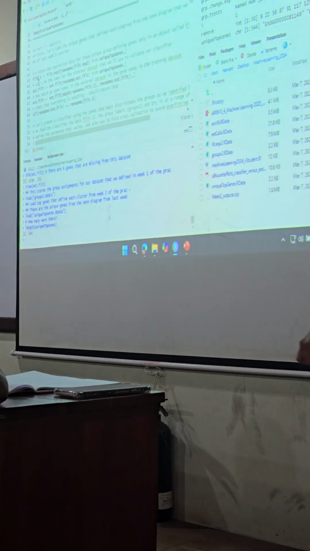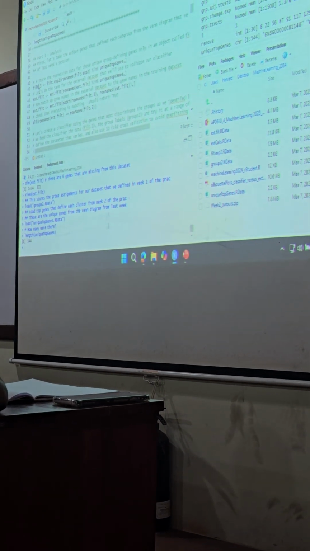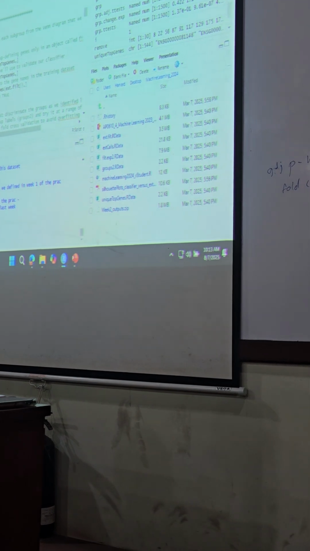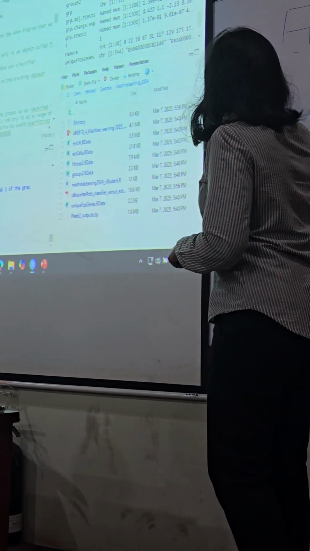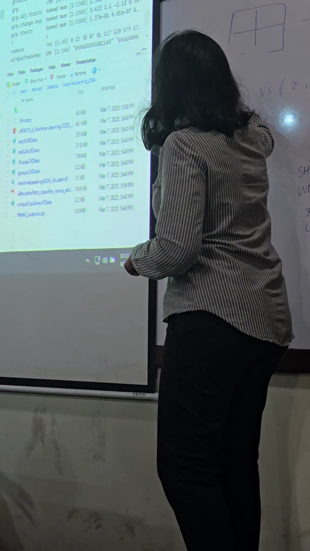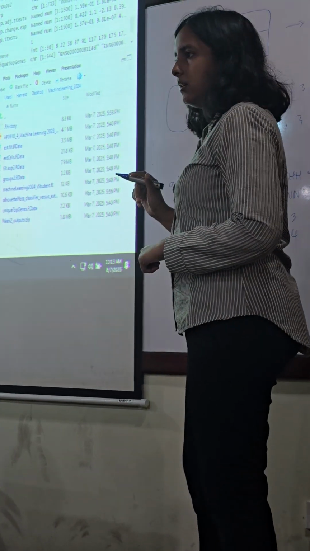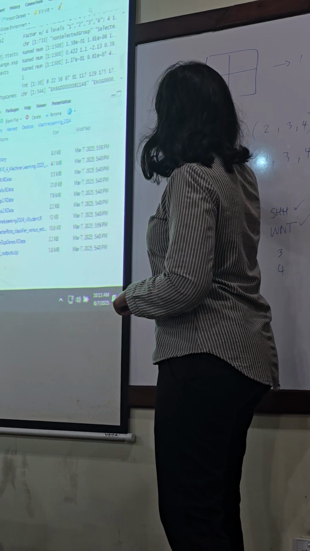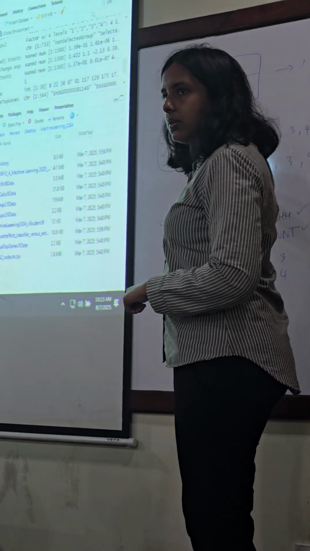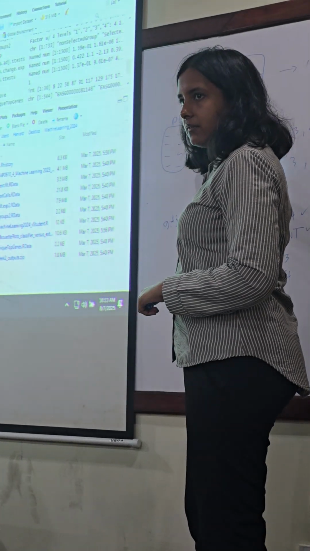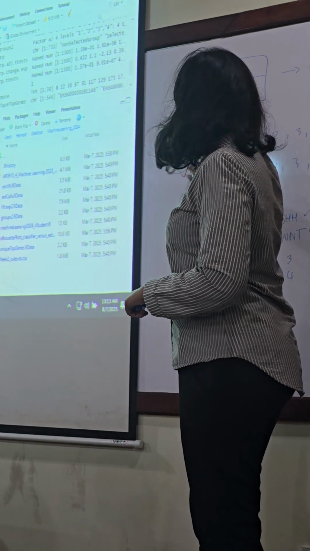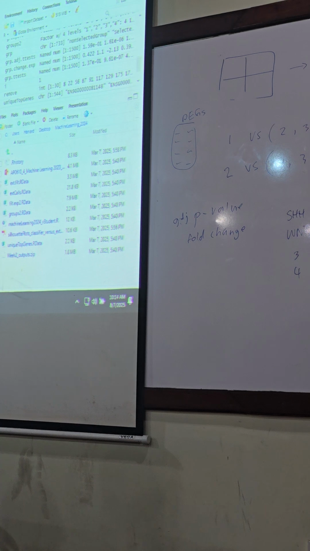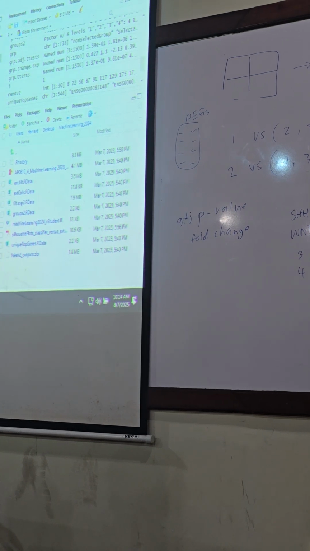Because they will be the inputs for the SVM. Okay, is that logic clear? So we have the DEGs from the last workshop. We take out the expression values for those DEGs and input it into the classifier. Okay, so this is the input for the classifier. Is that clear?